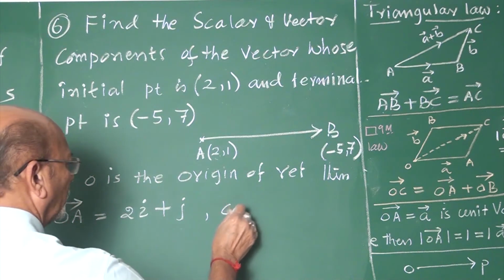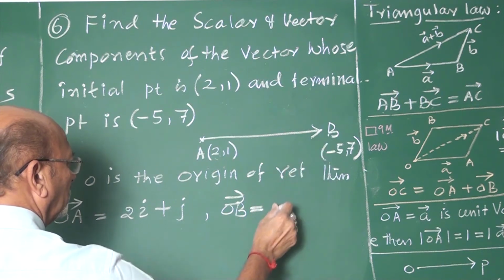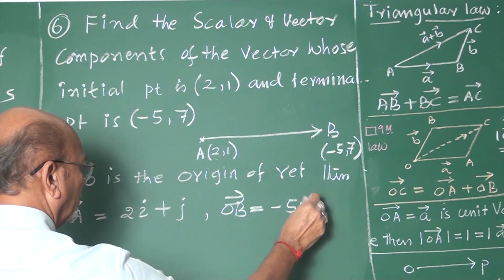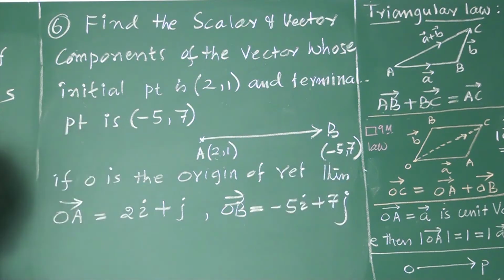Then what is the vector OB? It is -5i plus 7j.